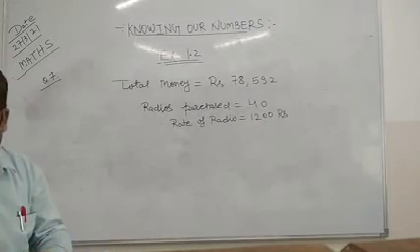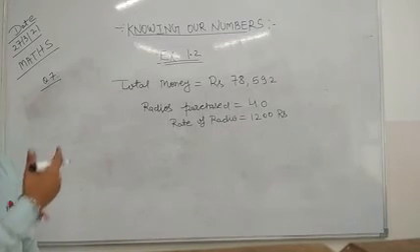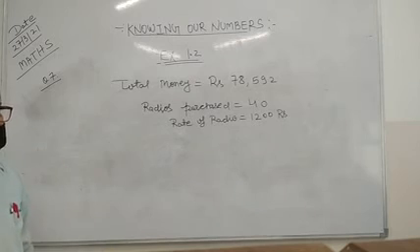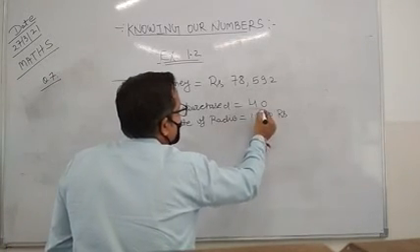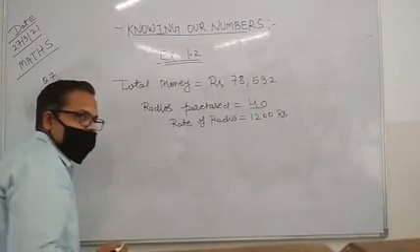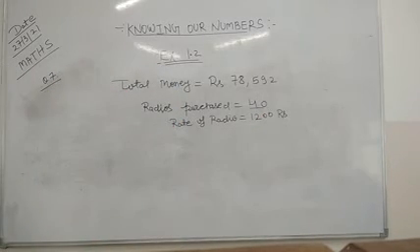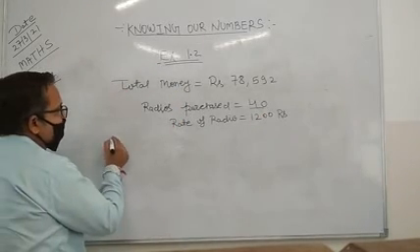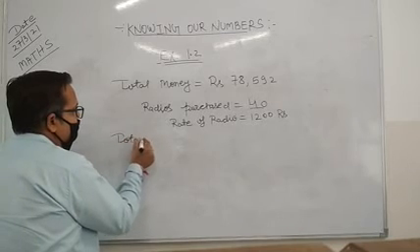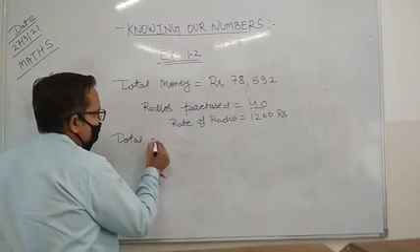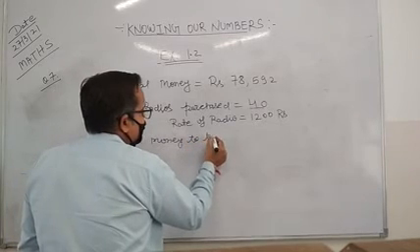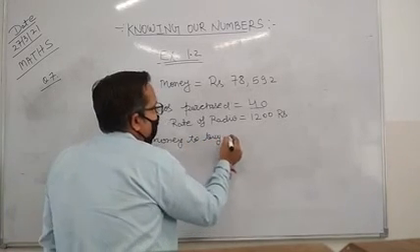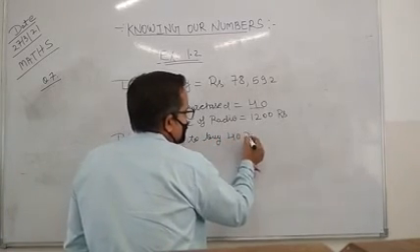So how will we calculate how much money she has left? For that, first of all, we will find out how much money she has spent to buy these 40 radios. So what will we write? Total money to buy 40 radios.